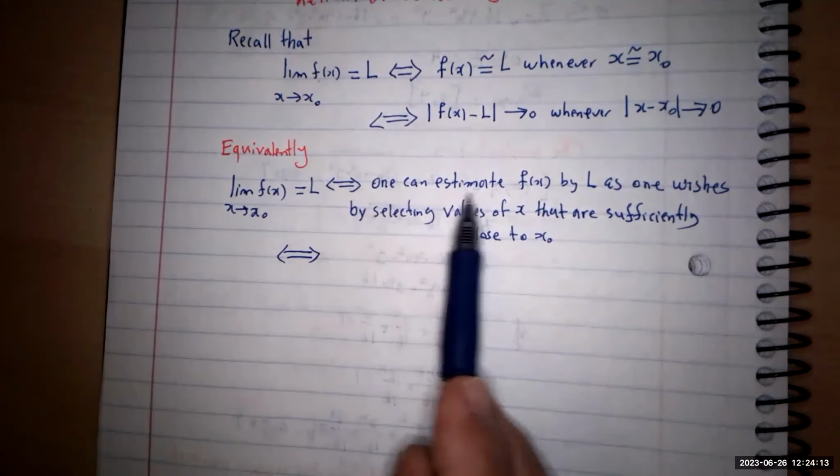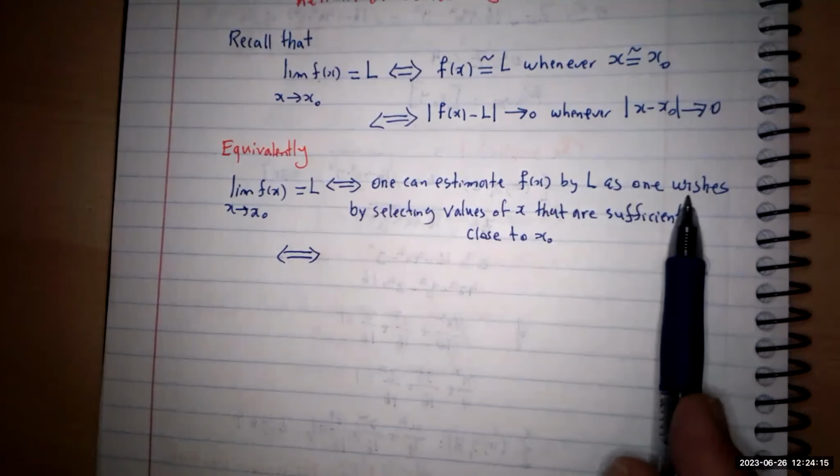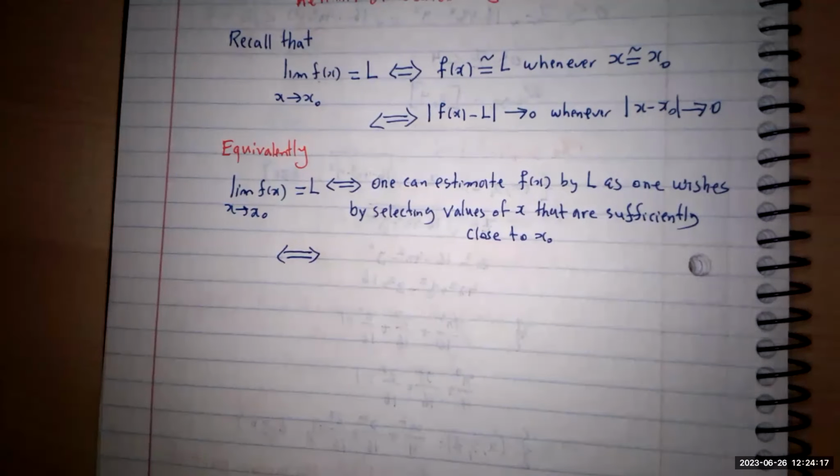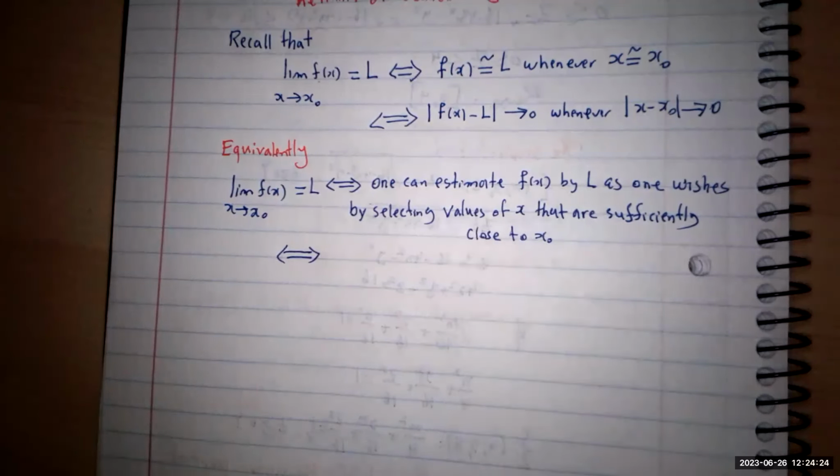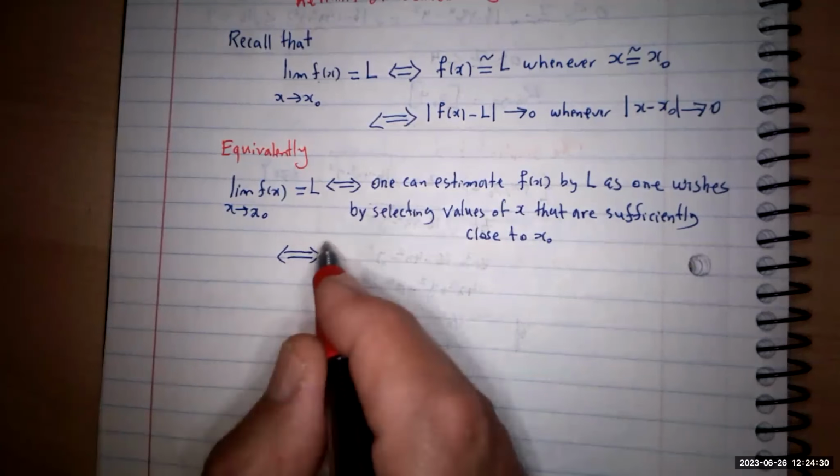When we say one can estimate f of x as you wish, you give me your wish, your percentage of error. So you may say that I would like f of x to be close to L with a percentage of error of 1/100. So you should give me that. So we say that if and only if.